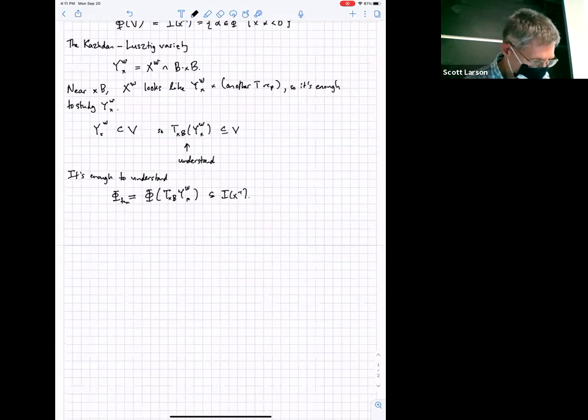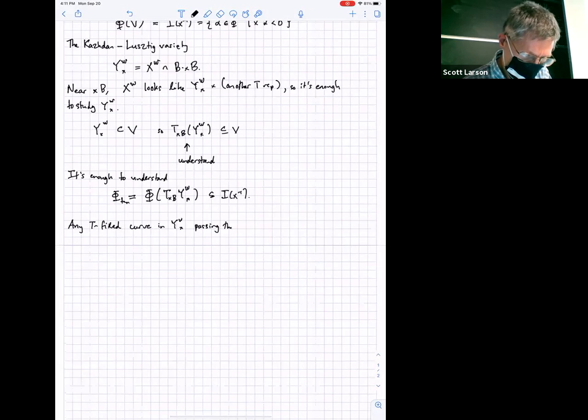Now there's another space that's easier to understand. Any T-fixed curve in YWX passing through XB gives a one-dimensional tangent space.